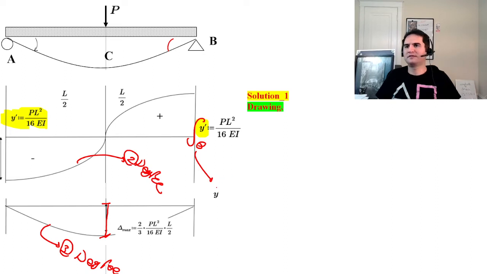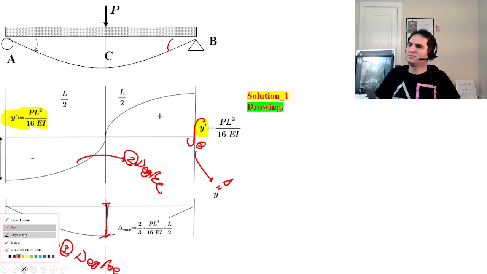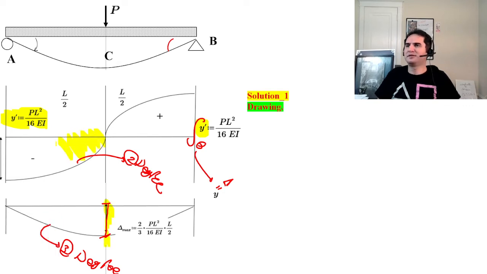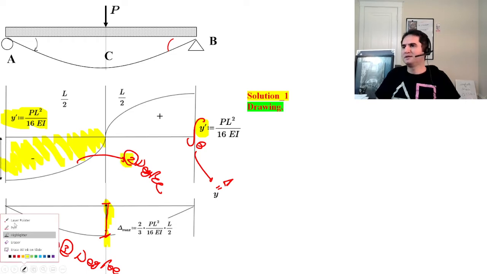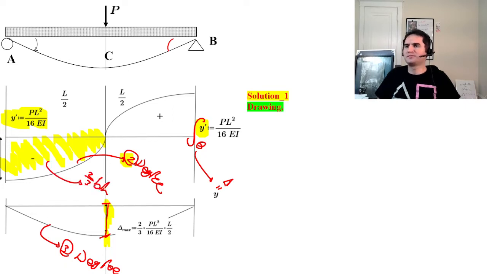And y is equal to delta, isn't it? So if you want to calculate the maximum delta, it's just the area under theta. If this is second degree, if you remember, this is 2/3 of BH.